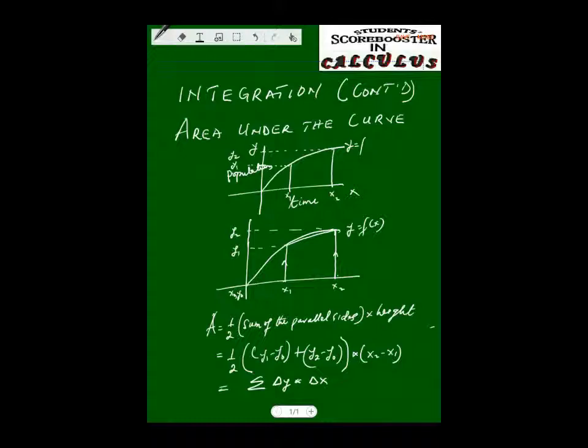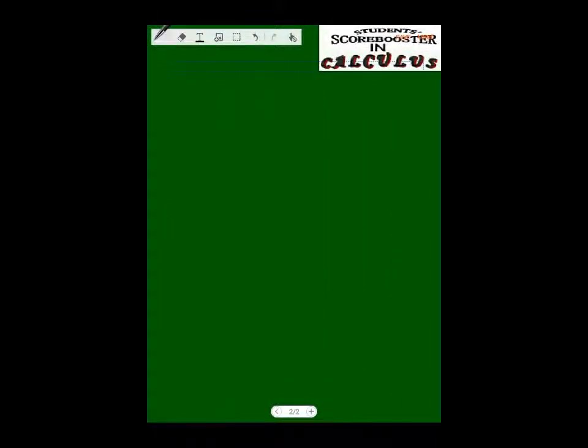So rather than dividing the area under this curve into various shapes, one easy way of doing it is to use integration. So let us see how to do that.